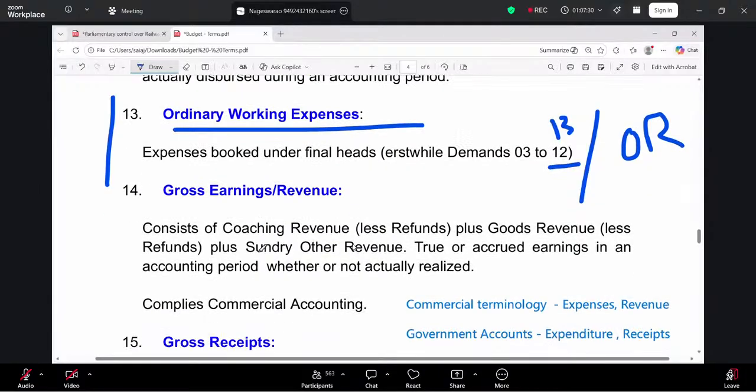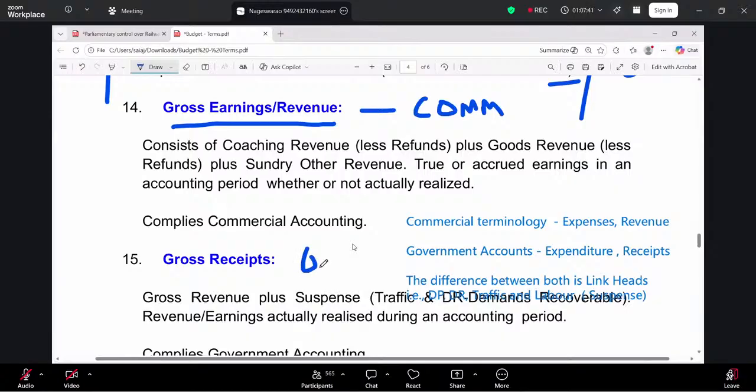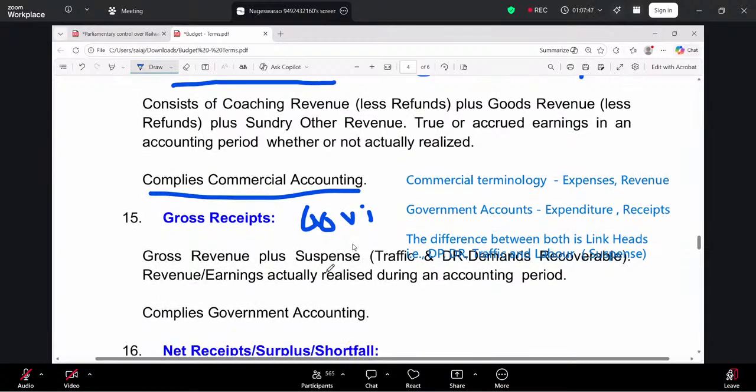Okay. Like that, here gross earnings. Earnings or revenue, it is commercial. Receipts, it is government. See, it complies with commercial accounting. That means here we added suspense. What is suspense? Traffic and demands recoverable. Okay, this is gone.